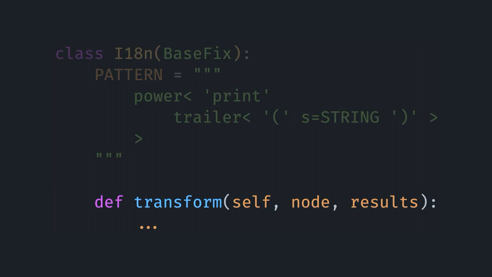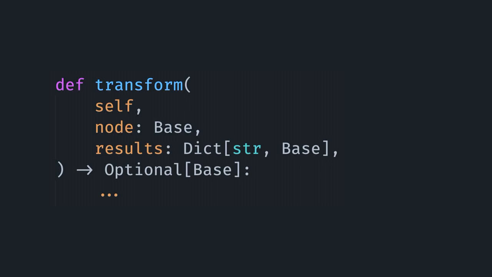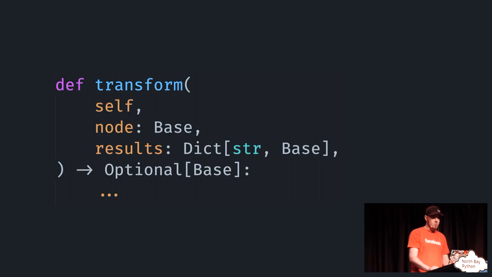Then once we have the pattern set up, we can define our transform method. I'd like to first look at the actual type annotations. The node argument is either the leaf or node, depending on what your pattern has matched. And the results is a dictionary mapping those capture keywords to the leaf or node element matched by that keyword.